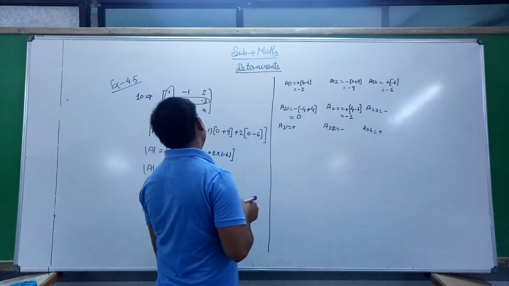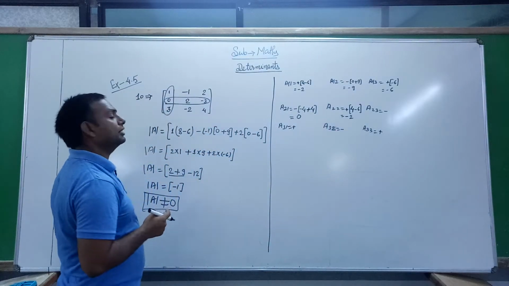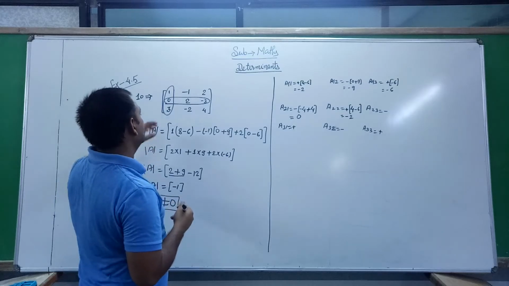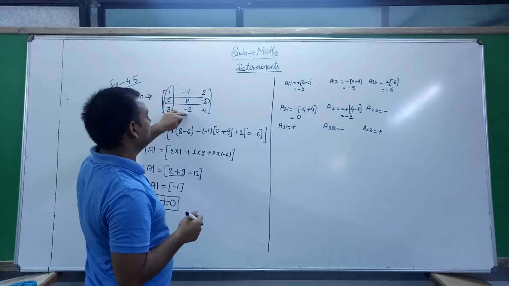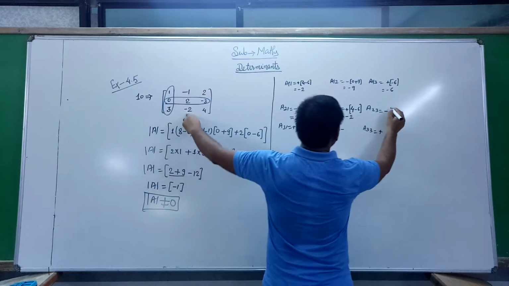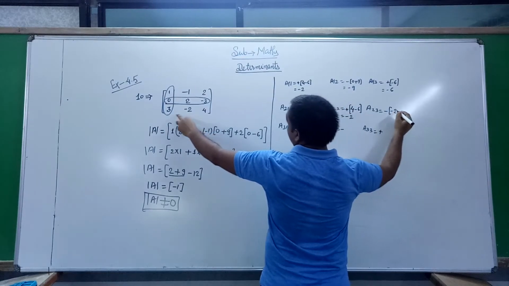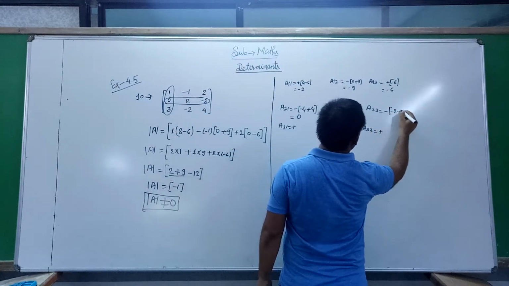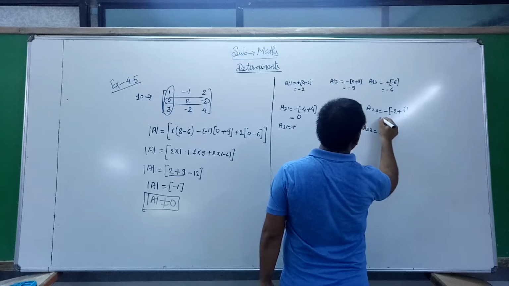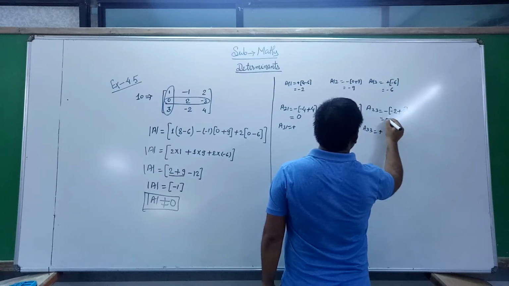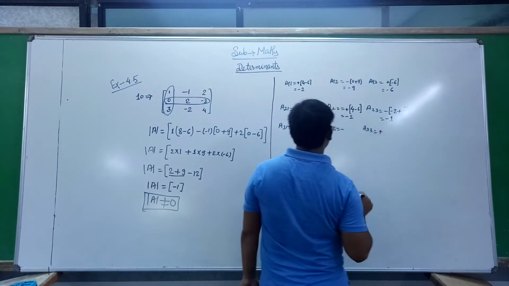Next, element A23: you remove the second row and third column, so 1 2s are 2, this is a minus 2, and 3 1s are 3, minus 3 converted into plus 3. So this is a plus 1 and converted into minus 1.